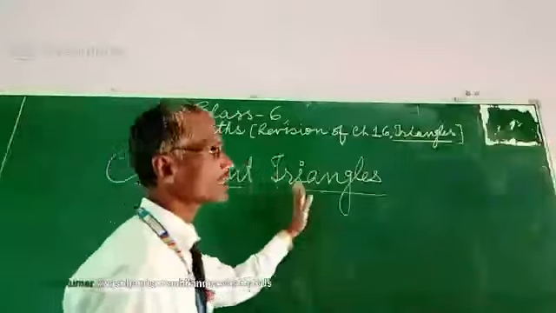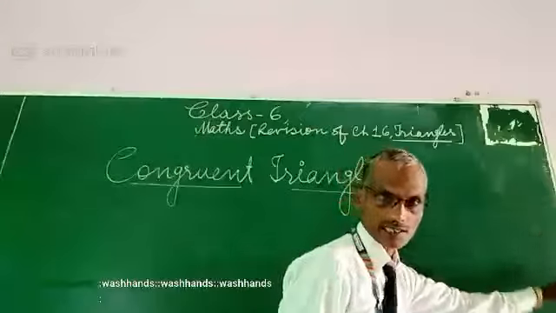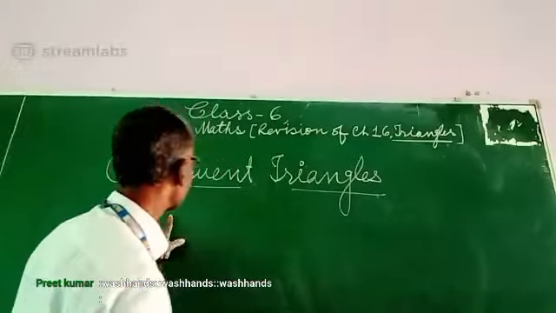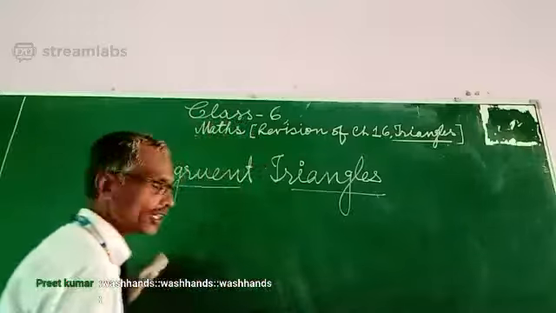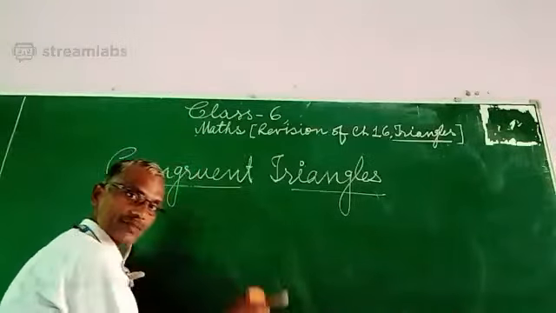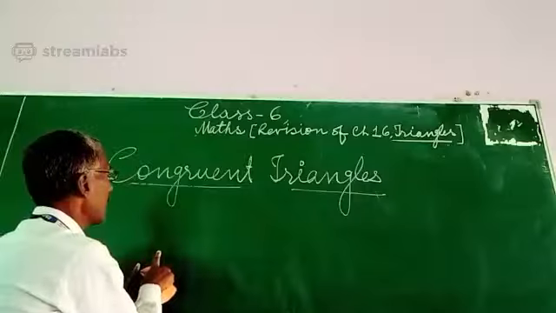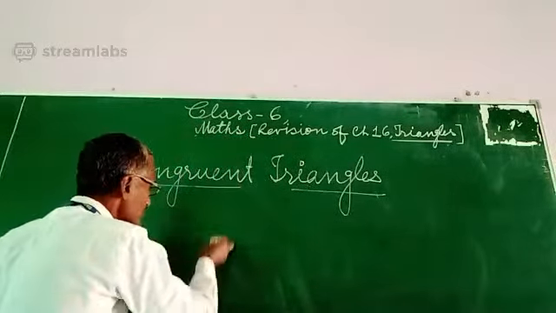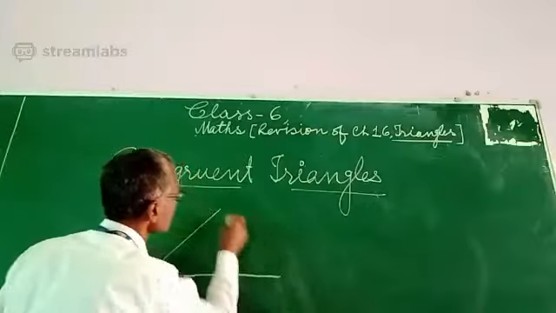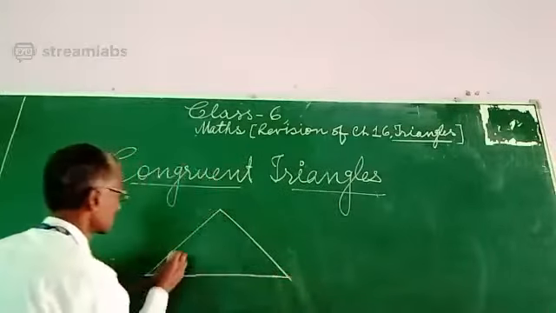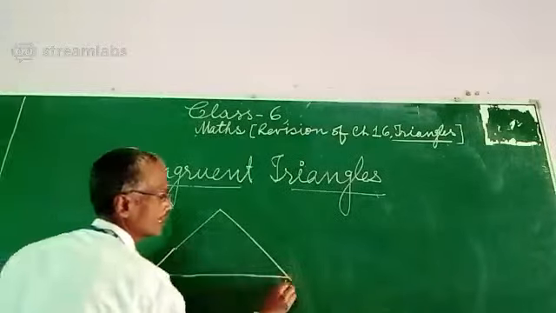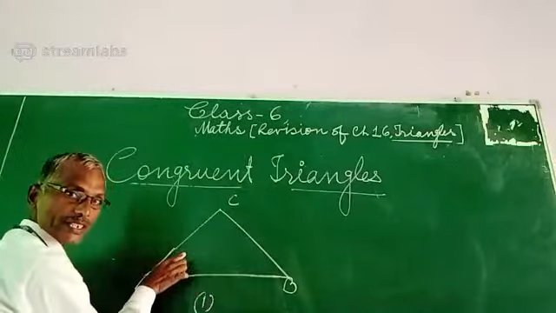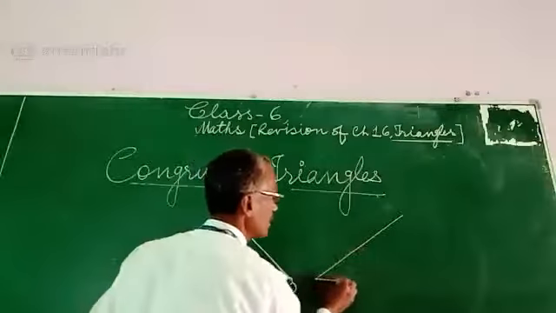Two triangles are said to be congruent triangles if their corresponding sides are equal and their corresponding angles are also equal. Let ABC be one triangle and PQR another triangle.